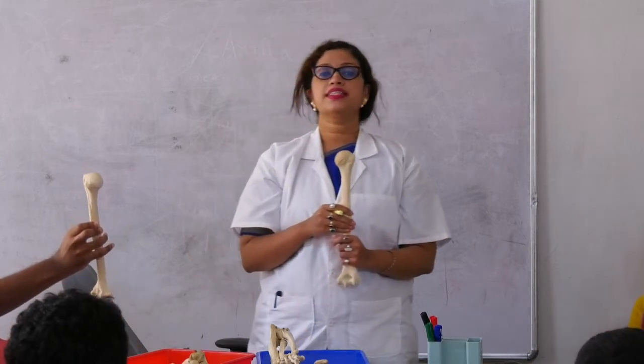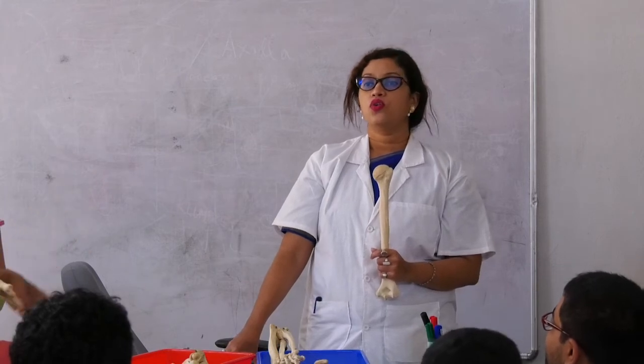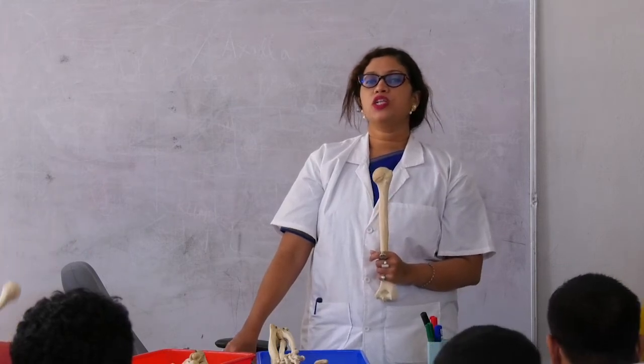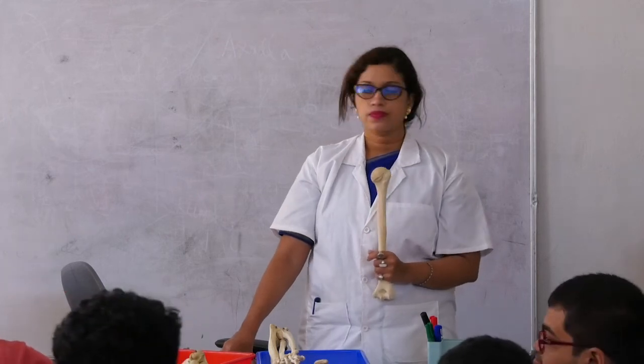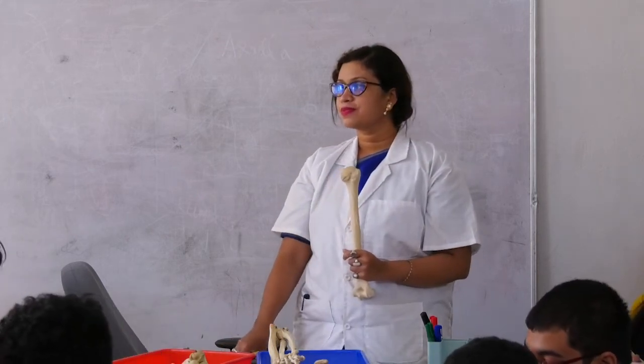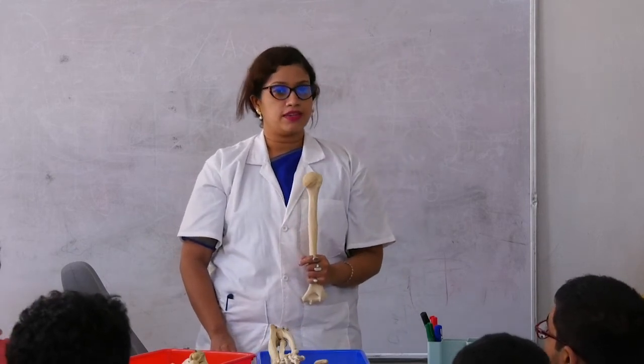Nutrient artery কোথায় যাচ্ছে? উপরে যাচ্ছে, নিচে যাচ্ছে? To the elbow I go, to the knee I flee.